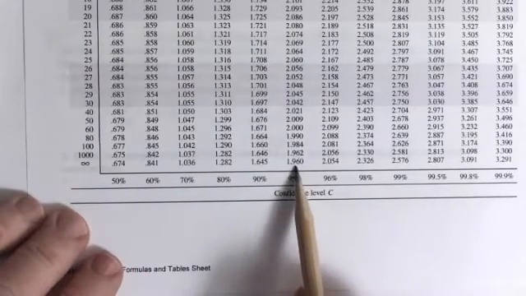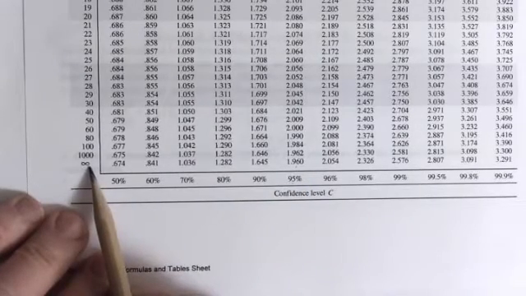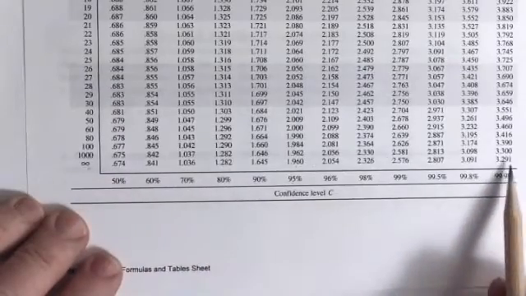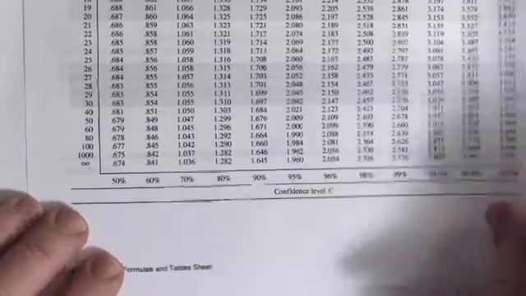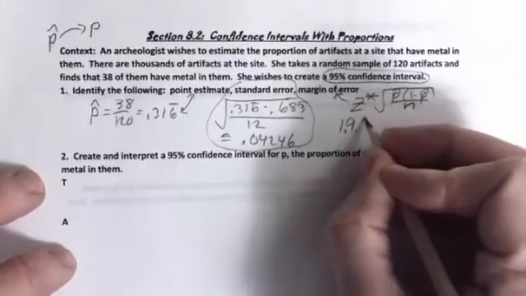The number right above that is the Z star. It says infinity out here, and we'll talk more about why a couple chapters after this. These are the Z star values, this bottom row in table B. So the Z star that goes with 95% is 1.960. And that's what we'll put here, 1.960.